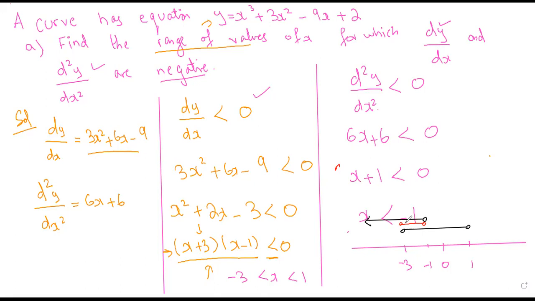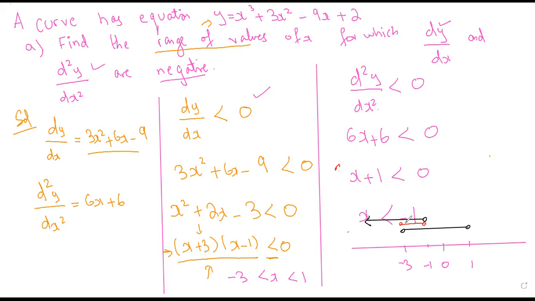Okay, so basically both these derivatives are less than 0. For dy by dx, we had a quadratic equation. In order to solve quadratic inequalities, we are always going to make the graph and then talk about the range. And for the second derivative, we were getting that x is less than -1.